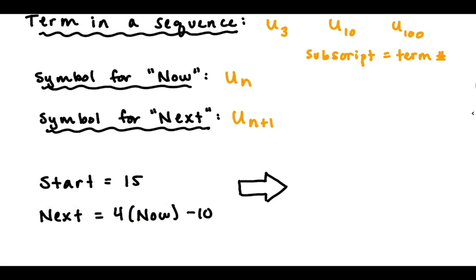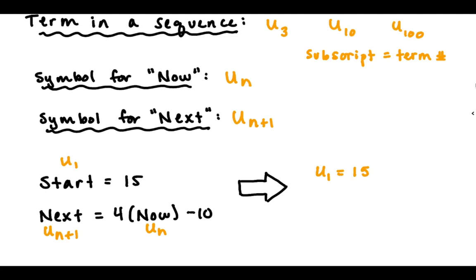So the symbol for the start, that's the first term, would be U and then subscript 1 because it's the first term. The symbol for now is U sub n, and the symbol for next is U sub n plus 1. So the symbolic version of this formula would be U sub 1 equals 15. That's how we say in symbols that the first term is 15.